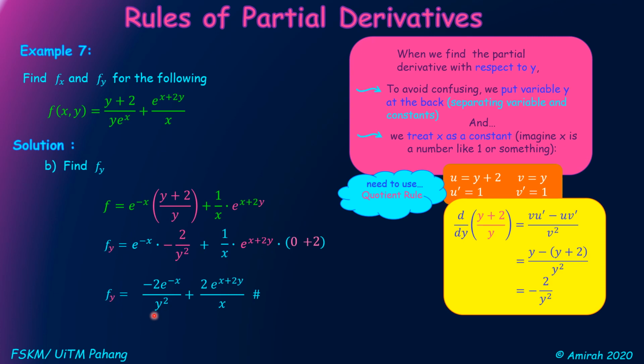That's why we still have y squared in the denominator. And then 0 plus 2 here means 2 times 1 over x. So we get 2 over x, and then e to the power of x plus 2y. This is the final answer when we differentiate f using partial derivative with respect to y.